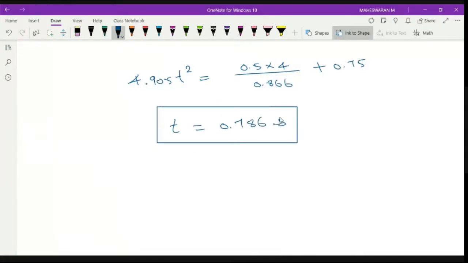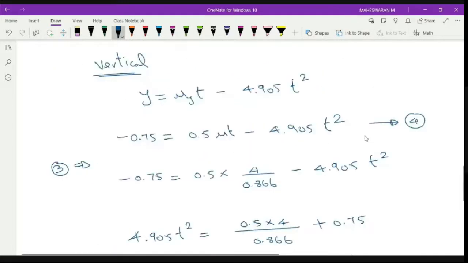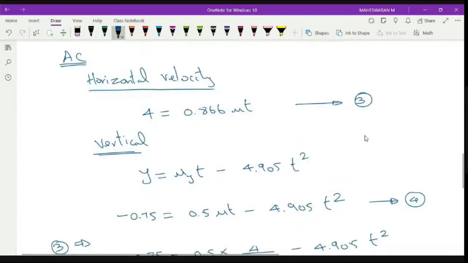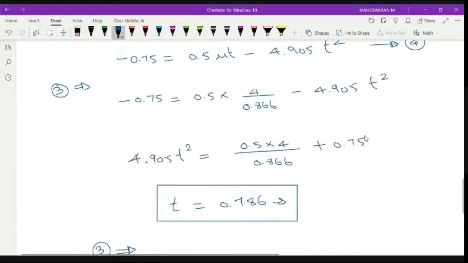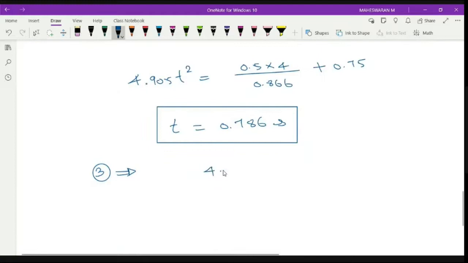Now I can substitute this in equation 3 to identify the u value. So 4 is equal to 0.866 ut.